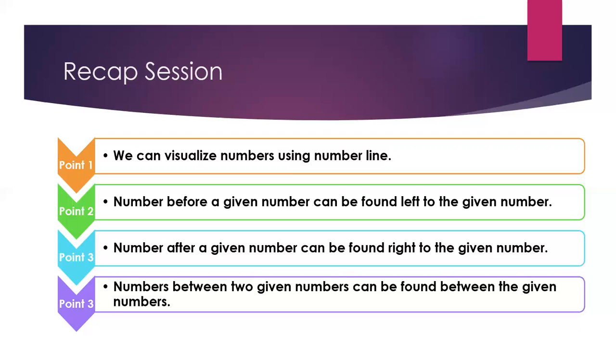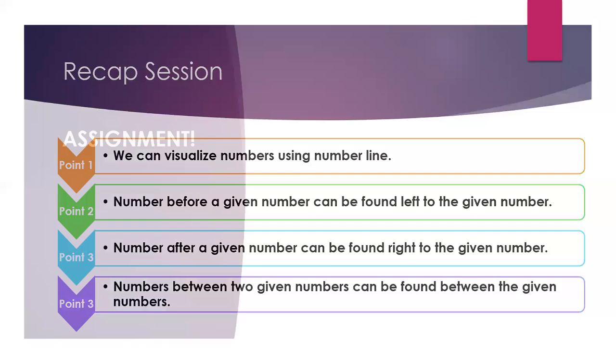And our last point was that numbers between two given numbers can be found between the given numbers. So we will mark the given numbers on the number line, and we will identify the numbers between the given numbers. That way we can find the numbers between two numbers.